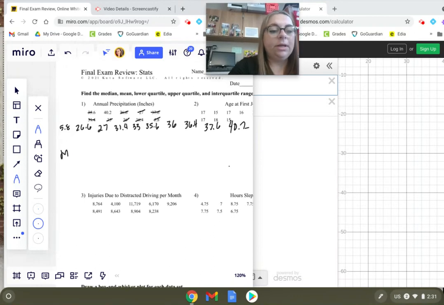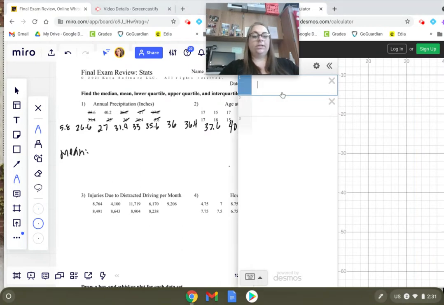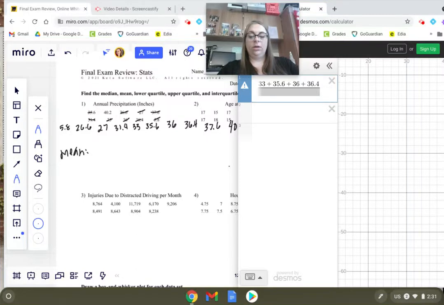So if I want to find my mean, I want to add all those numbers up and then divide by how many total there are. So 5.8 plus 26.6 plus 27 plus 31.4 plus 33 plus 35.6 plus 36 plus 36.4 plus 37.6 plus 40.2.